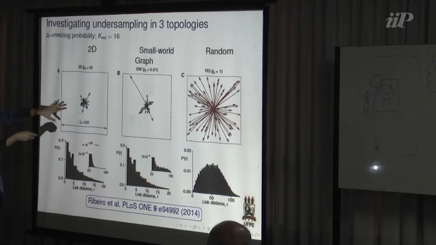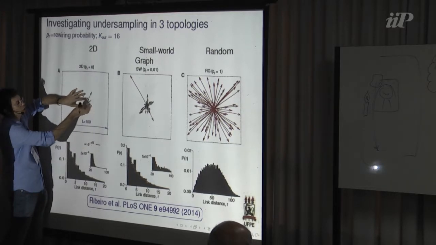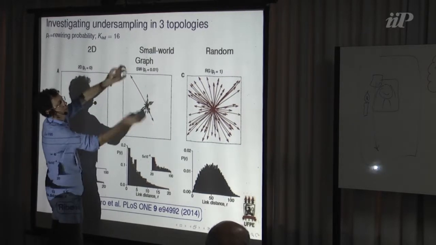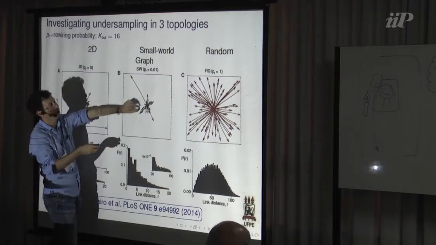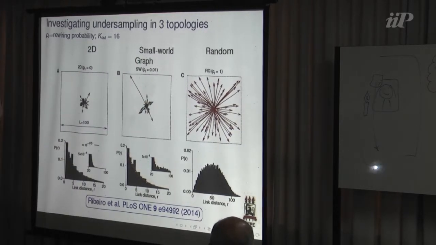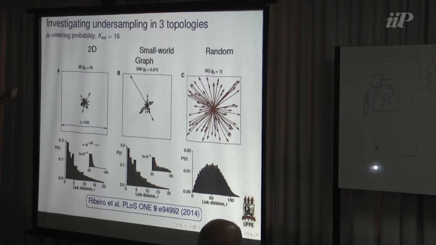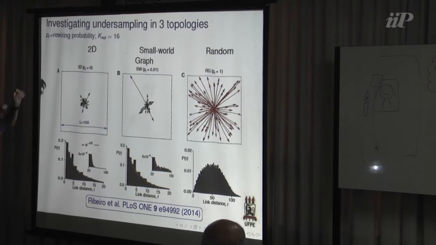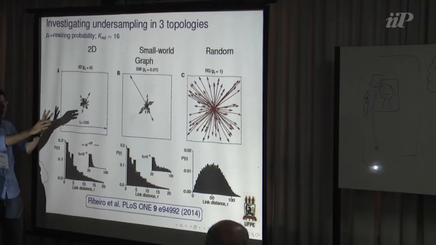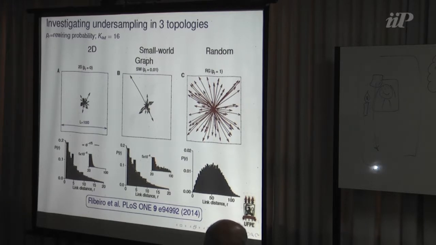This is 2-dimensional, in the sense that you have some local connections, some randomness here, but 2-dimensional. 2-dimensional plus some long-distance connections is small world, and then totally random. 3 different topologies. And we're going to make them critical, subcritical, supercritical. Each of those 3. This is very simple. The brain is more complicated than that, obviously. But can I get something like this?